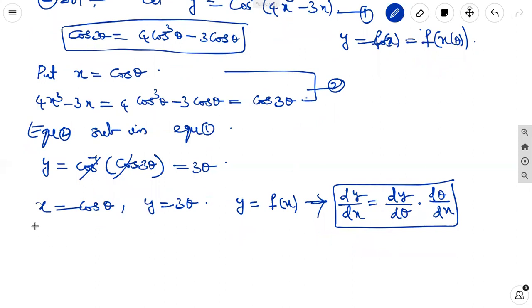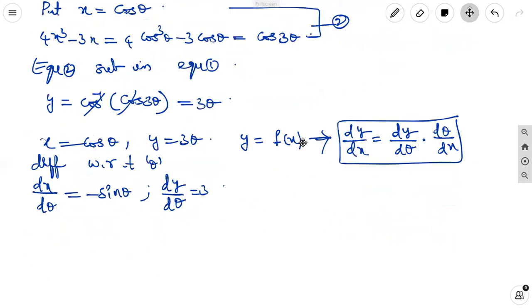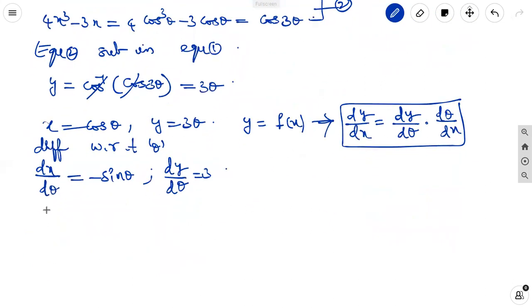Here x and y both are differentiating with respect to theta, so dx by d theta equal to minus sin theta, and dy by d theta equal to 3. Here theta is converted into x variable, and we can take the reciprocal, d theta by dx equal to 1 by minus sin theta, minus is taken to the numerator.